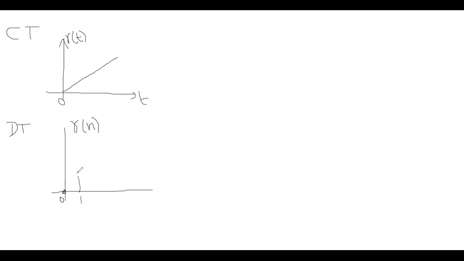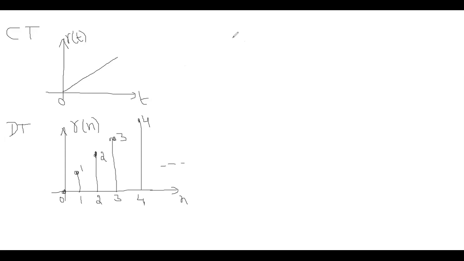For 1, the value is 1 in discrete functions. For 2, the value is 2, meaning the magnitude is 2. And for n equal to 3, the magnitude is 3, and for 4, the magnitude is 4, and so on. Okay. These are the two representations, continuous and discrete.